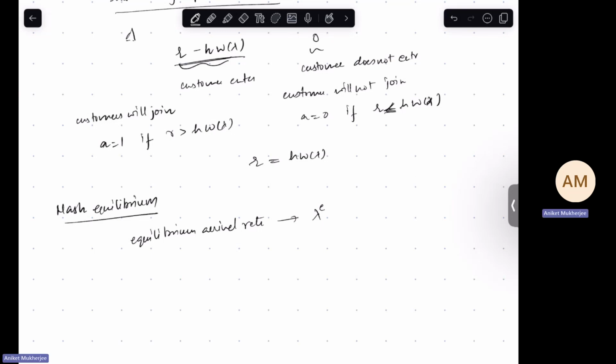Using that lambda E, they can generate an A, and with probability A, they either join or not join. With that, no individual customer will try to deviate from this policy.